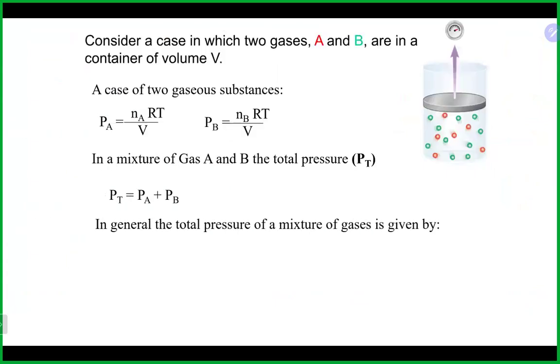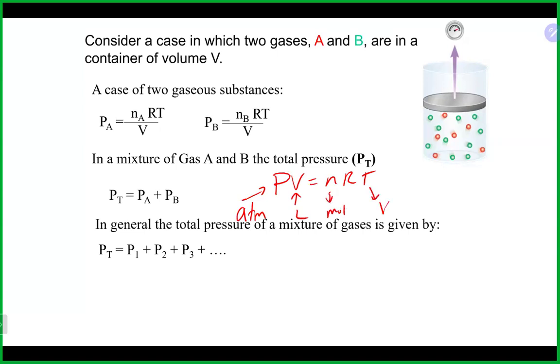Now, also a reminder that for sure, when we use the ideal gas law, as we talked about last time, it is the most restricted in terms of units. So remember that when you go into the ideal gas law, your pressure always has to be in atmospheres, your volume always has to be in liters, n is moles, and T is Kelvin.